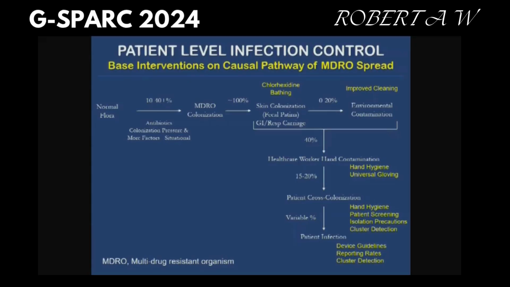Chlorhexidine bathing has been shown to reduce and eliminate fecal patina, leading to decreased risk of healthcare worker hand contamination and decreased patient infection. And then finally, at the very top of the pathway, if we do better with antibiotic use, and as we'll talk later, restore the microbiome to eliminate colonization with multi-drug resistant organisms, and then there are other situations that may arise, we may be able to intervene at the very top of the causal pathway and prevent this transmission from occurring.